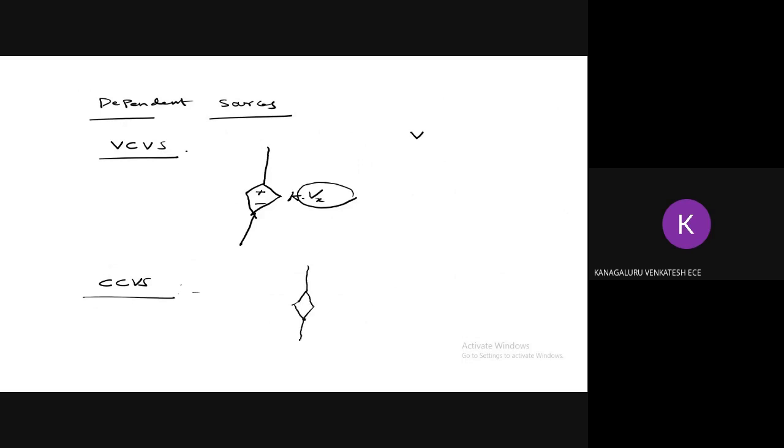It is a voltage source, so it should be represented as a battery, plus and minus, but the controlling parameter is current. So this is how we represent the current controlled voltage source.